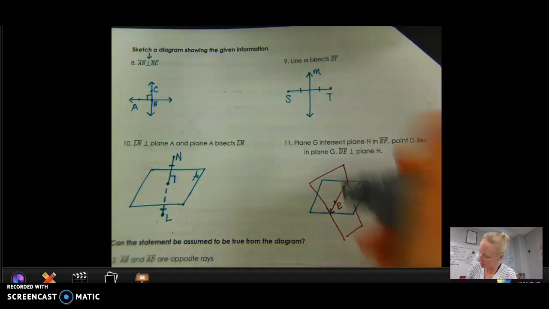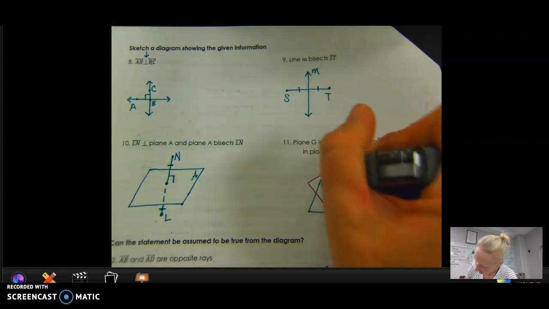See if I can make this any better by making this dotted.